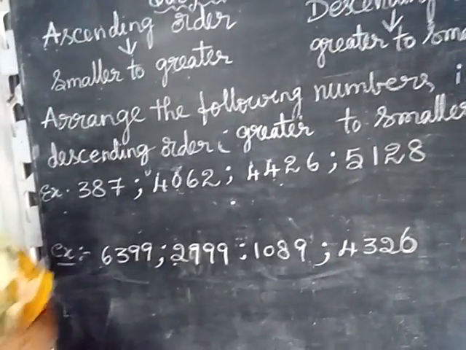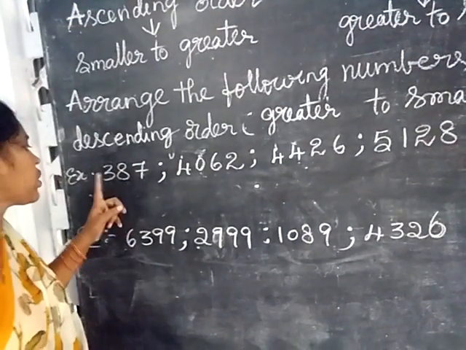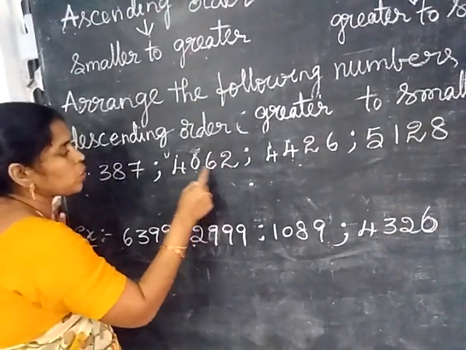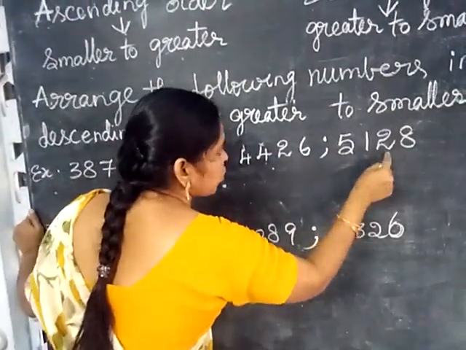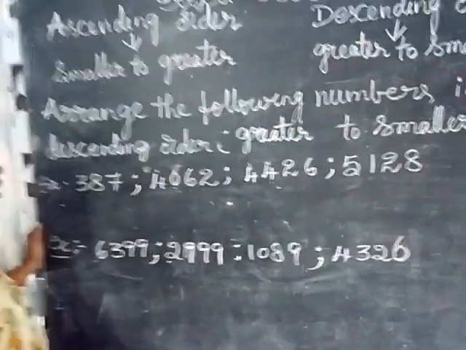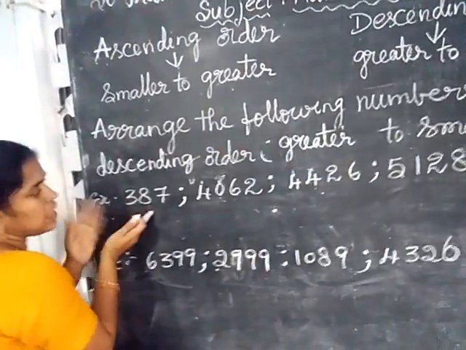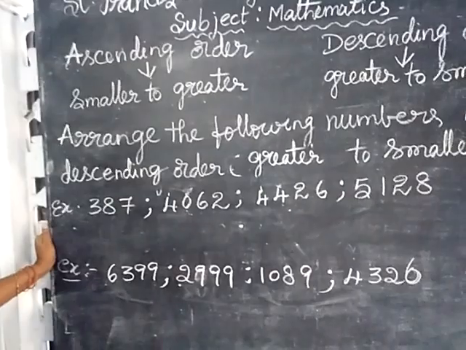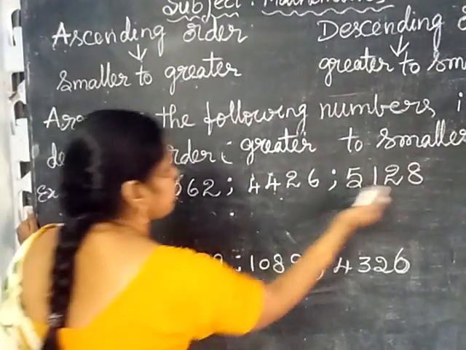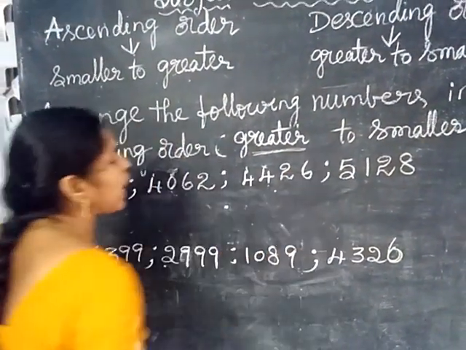See, here what are the number of digits? 1, 2, 3, 3 digits. Here 1, 2, 3, 4 digits. 1, 2, 3, 4 digits. 1, 2, 3, 4 digits. So the first one is 3 digits, the remaining 3 are 4-digit numbers. You have to see the 4-digit numbers. Here you have to check for the greater number.